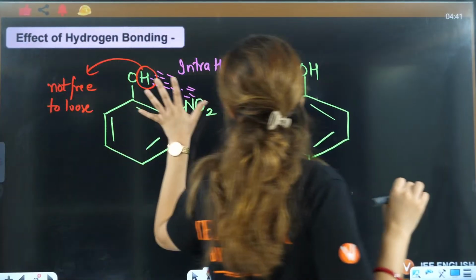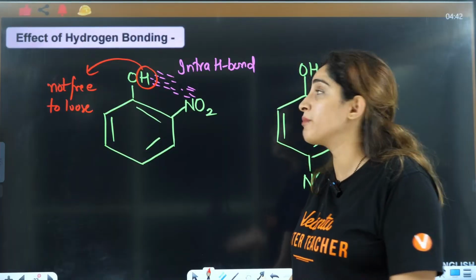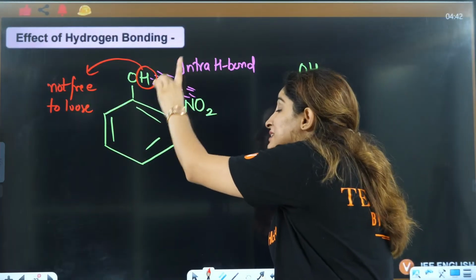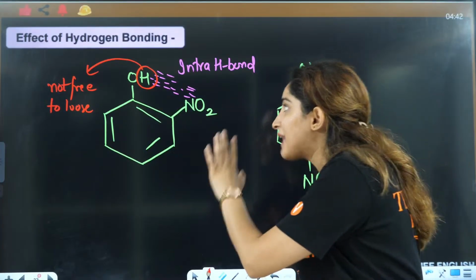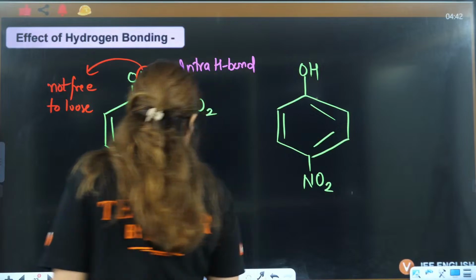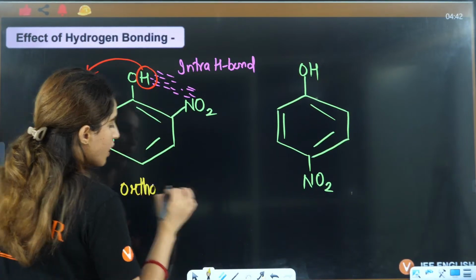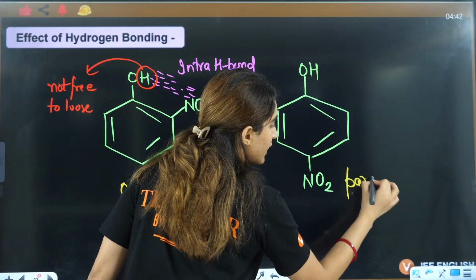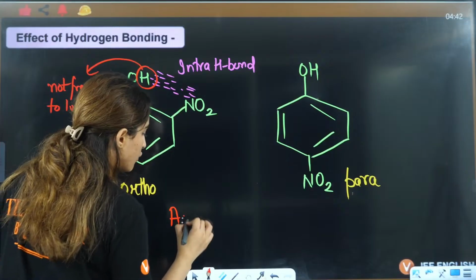If you lose this hydrogen, because of this intra-hydrogen bonding, this hydrogen is not capable of getting loose, right? And that is the reason here, if you see, this is ortho and this is para, the answer is, acidic strength of which will be more?